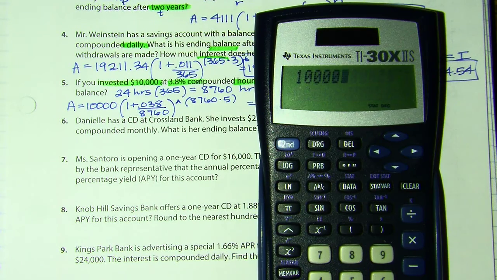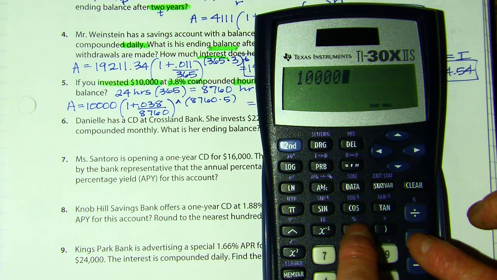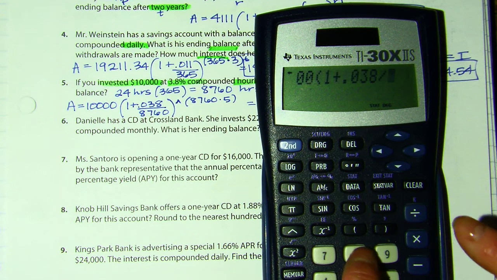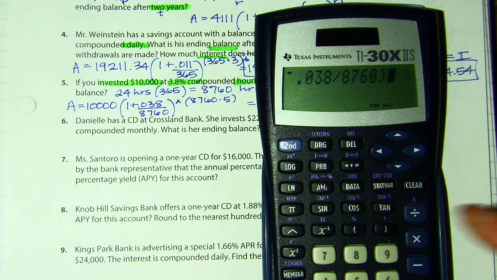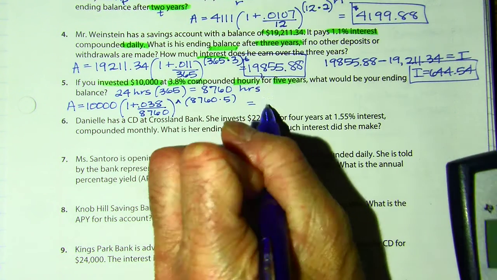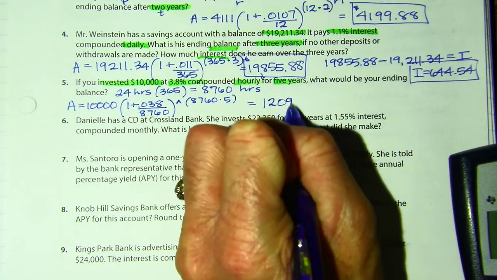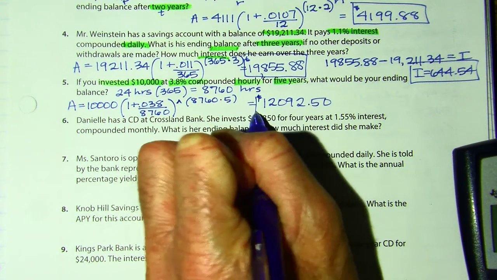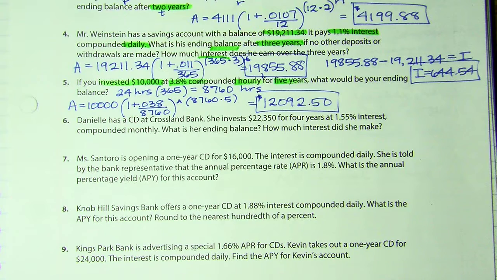So 10,000, parentheses, 1 plus 0.038 divided by 8,760, to the 8,760 times 5. Wow, she has $12,092.50 in her account. It's a lot of money.